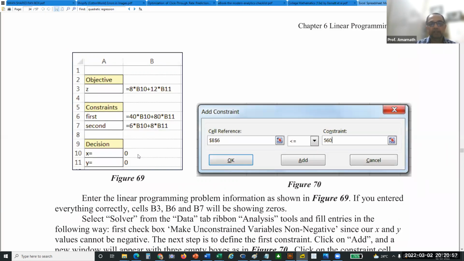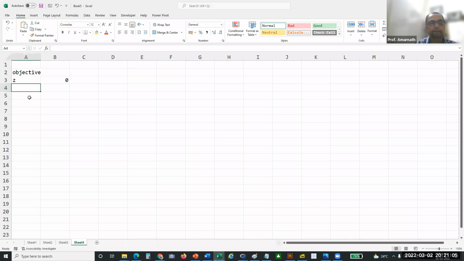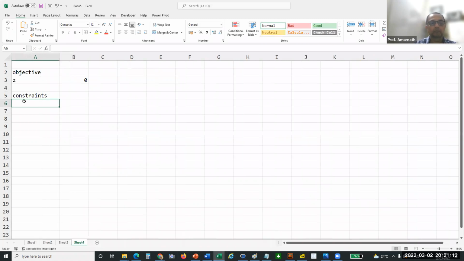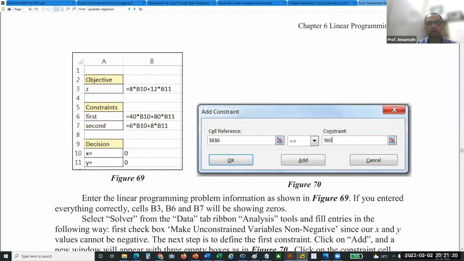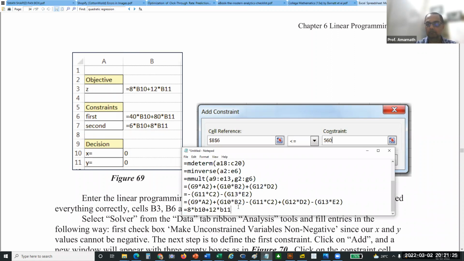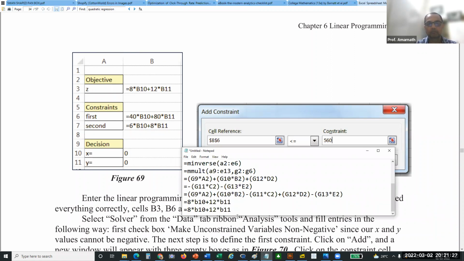So I got two constraints, first and second. So this is in P5. First, second. So this is 40 multiplied by, from the equation only I am taking.